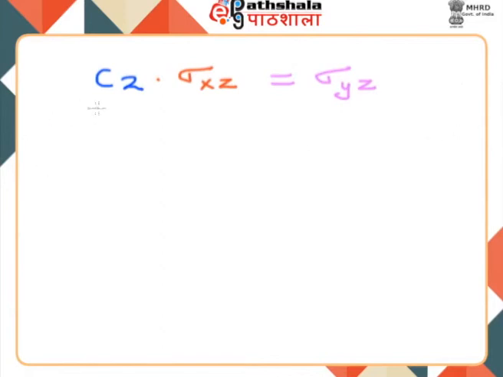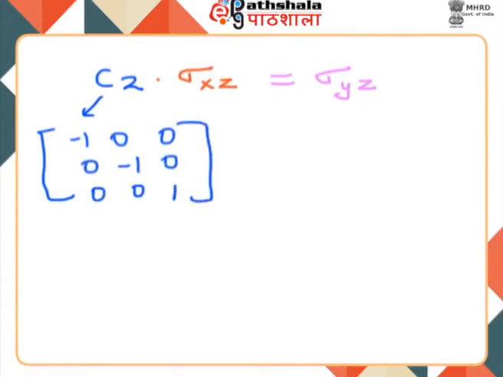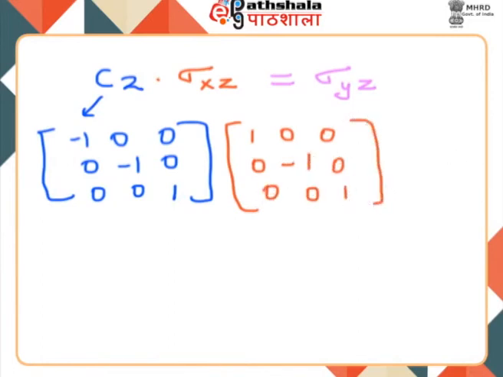C2 we know is represented by this matrix, and sigma xz will be this matrix.